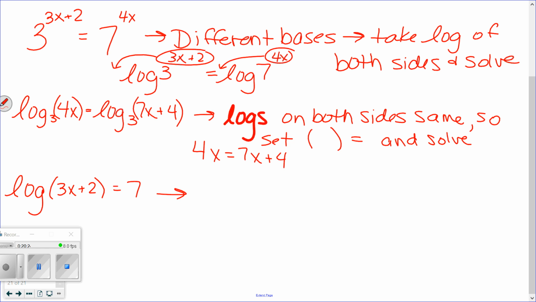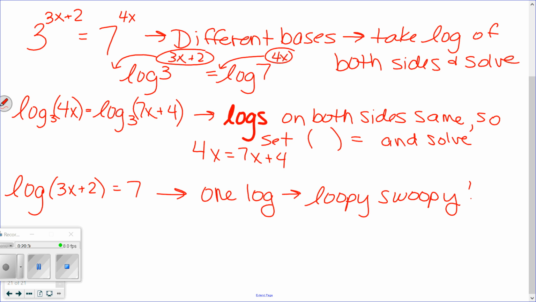In this case, you have only one log on one side. So in other words, that would be ugly if that was really a 7. It'd be 10 to the 7th equals 3x plus 2, and then you would solve from there.